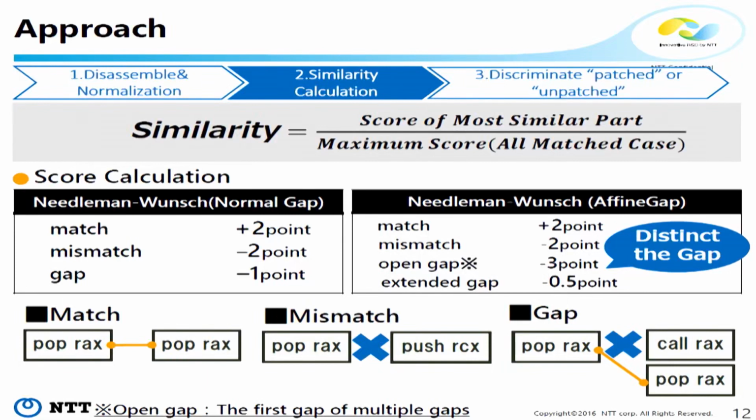As I said before, I used the affine gap penalty for Needleman-Wunsch. But before I explain the affine gap penalty, I will talk about the normal gap one.